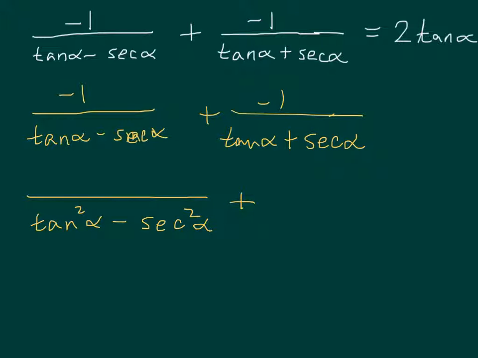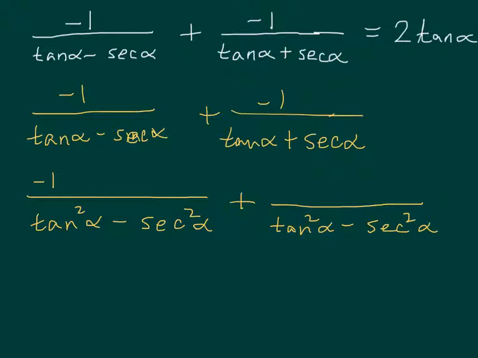So what we're going to have to do is multiply the numerators also to build these fractions up to where they have this common denominator. So the first fraction, well, what did I do to get this common denominator? On the first fraction, we multiplied by tangent alpha plus secant alpha. So you do the same thing on the top.